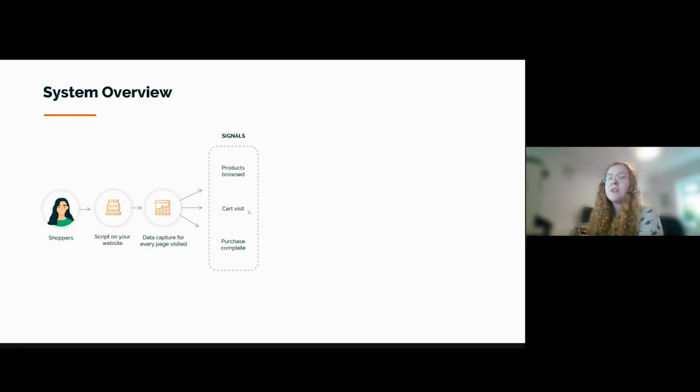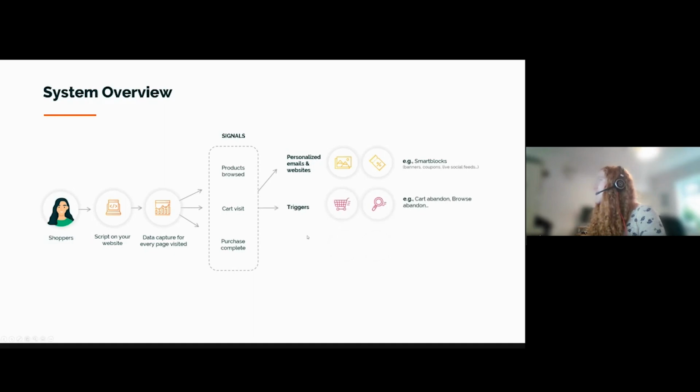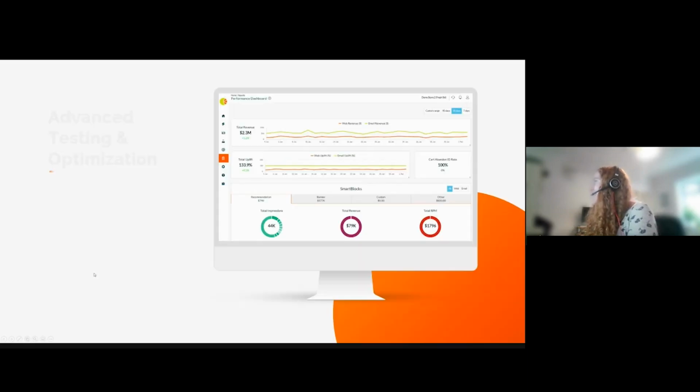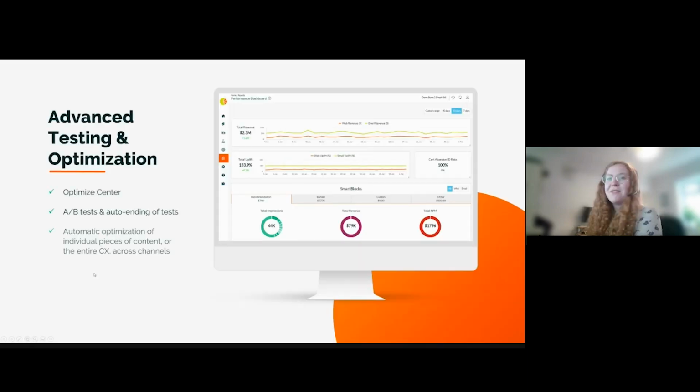We can do that in terms of what's most popular to be purchased, but also what are the most carted items. So we can start getting to different granularities of this data. Obviously, we know what we can do with it, and today we're talking about recommendation smart blocks. So I won't talk you through the whole suite, but that should just give you a bit of context as to where the system is playing a role in terms of that data collection.